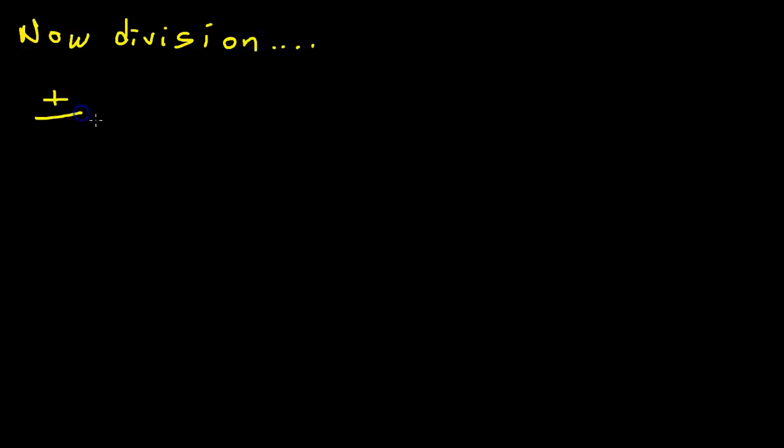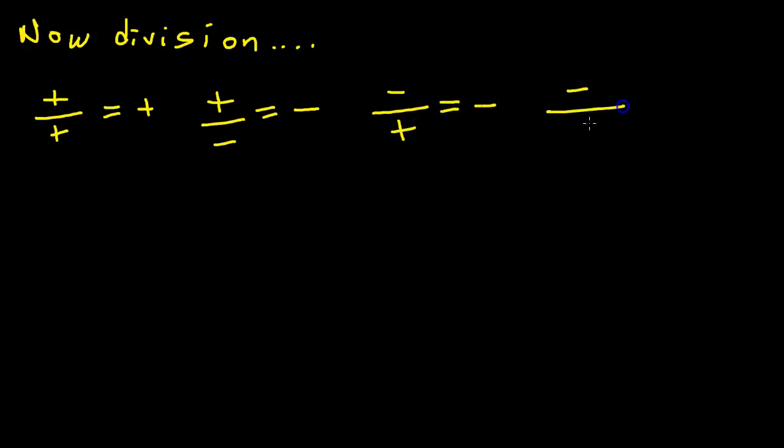Before we go on, let's refresh our memories: a positive over a positive is positive. A positive over a negative value is a negative value. A negative value over a positive value is always a negative value. And of course, a negative value divided by a negative value will return a positive value. Just what you might expect from those rules for multiplication as well.